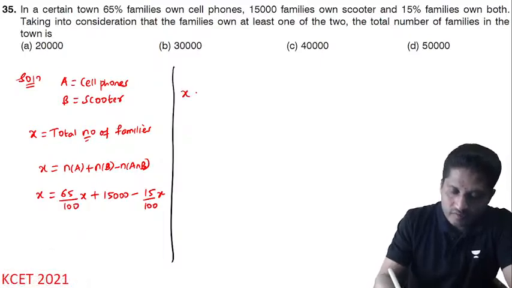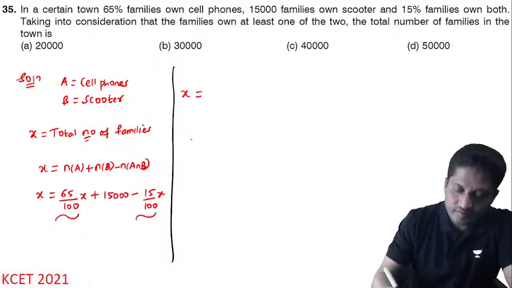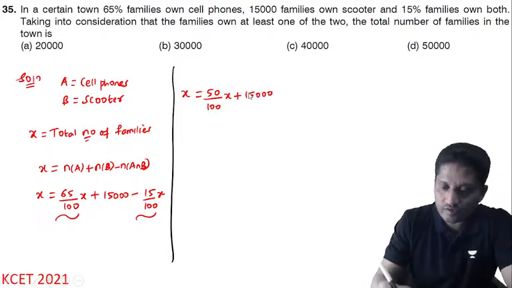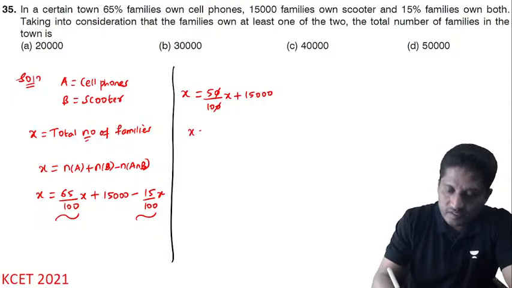Now X is equal to 65 minus 15 is 50 by 100 of X plus 15,000. This will cancel. X is equal to X by 2 plus 15,000.